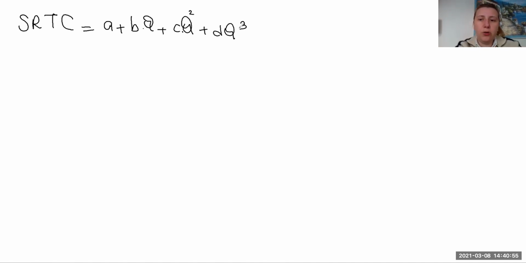Suppose that a short-run total cost function is given in this form. And here in this case, which part is showing us the total fixed cost, and which part is the total variable cost? Let's divide it firstly as total fixed cost and total variable cost.